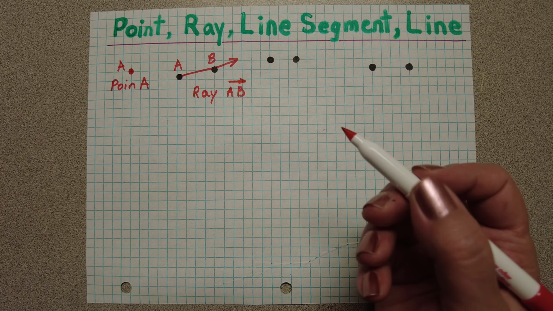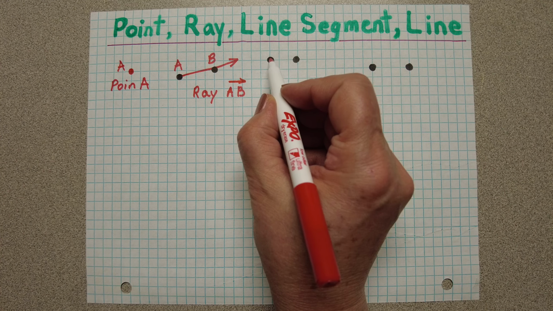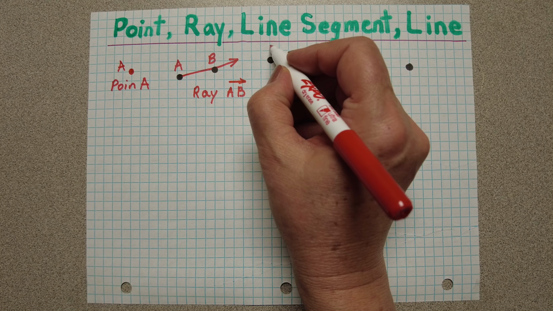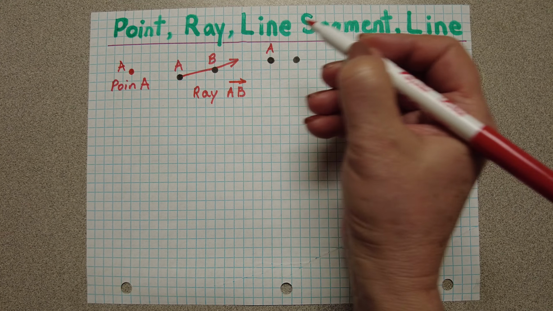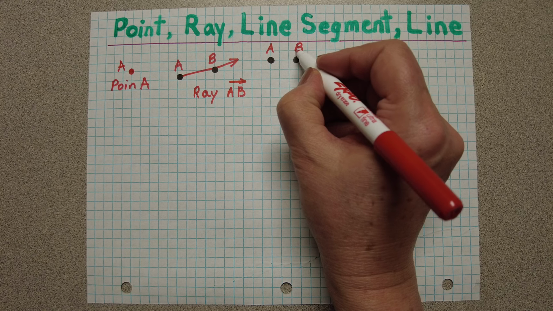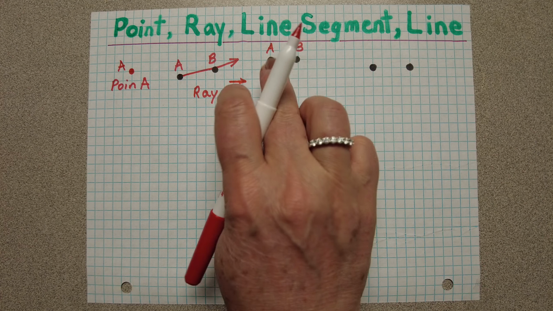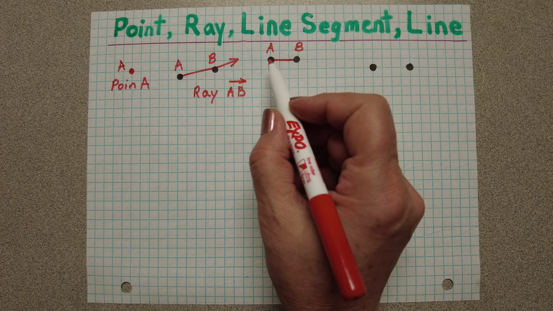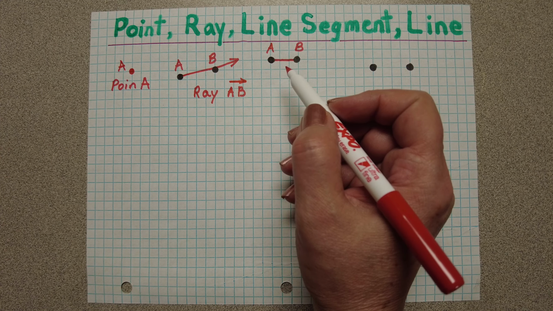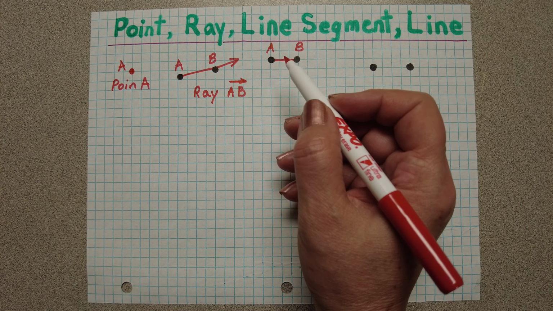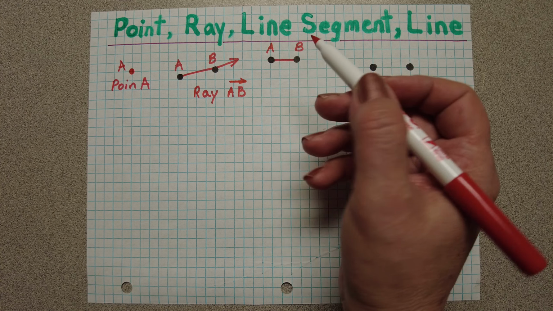Now we're going to talk about line segment. Again, we have 2 points. Let's note them, A and B. Line segment is just this part between 2 points. A line segment is a portion of a line that has 2 end points.